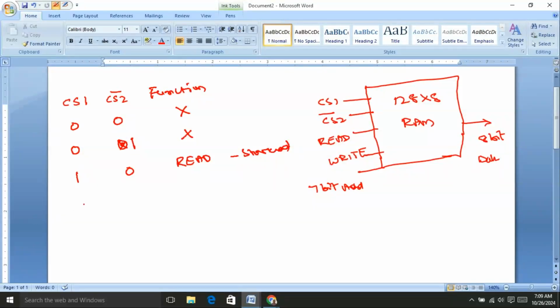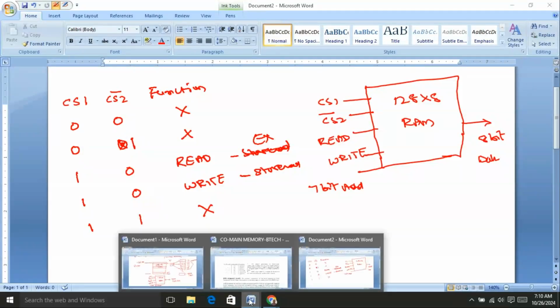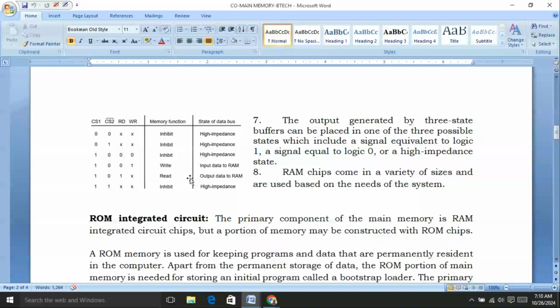Suppose this is 1 and this is 0 and the write signal is enabled, the data is stored within the RAM. Again, if this is 1 and this is 1, no function happens. For your reference, I show the diagram also.